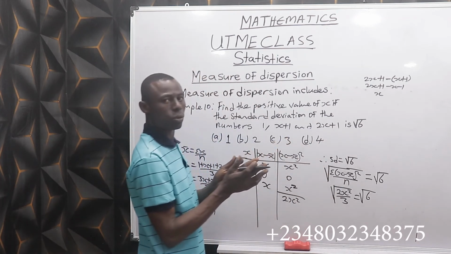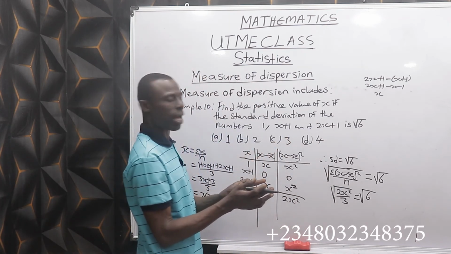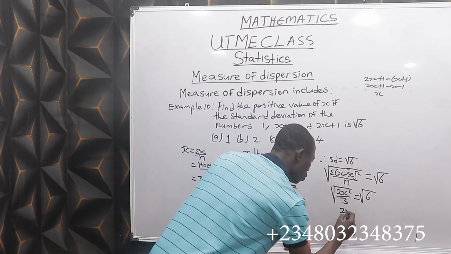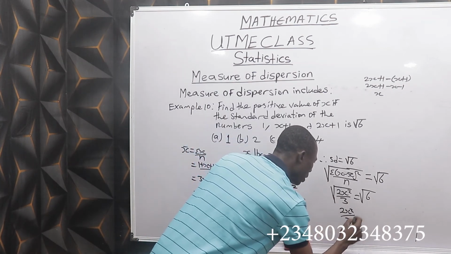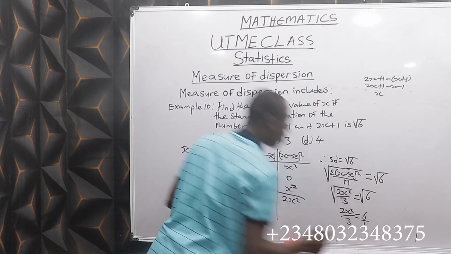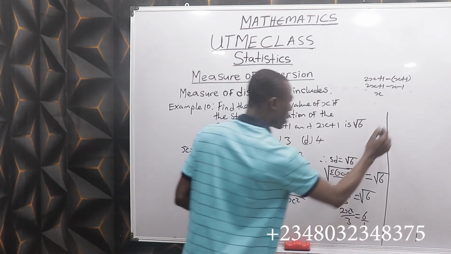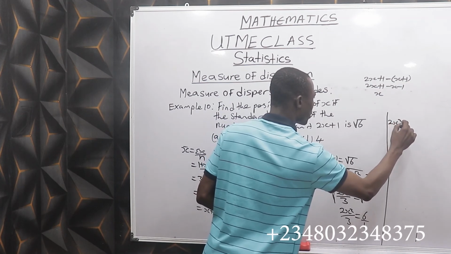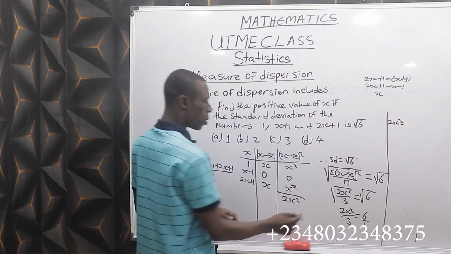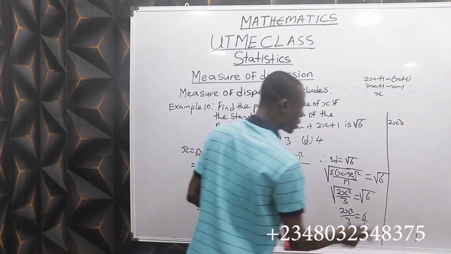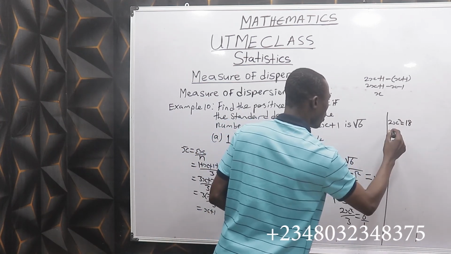Square both sides. To delete the square root sign, we have 2x squared divided by 3 equals 6 over 1. Cross multiply. 1 times 2x squared, we have 2x squared, which is equal to 3 times 6, that is 18.